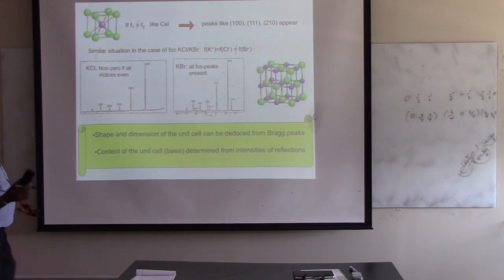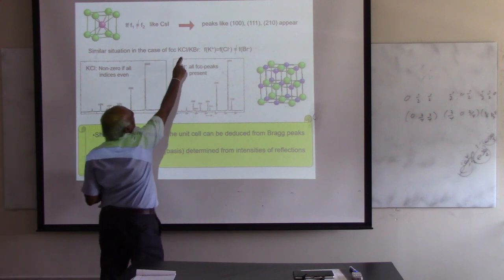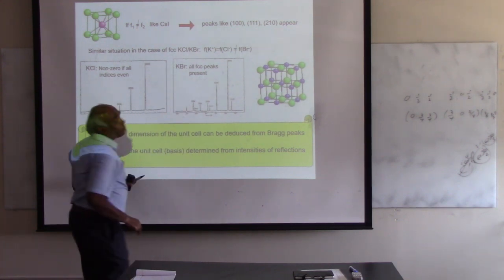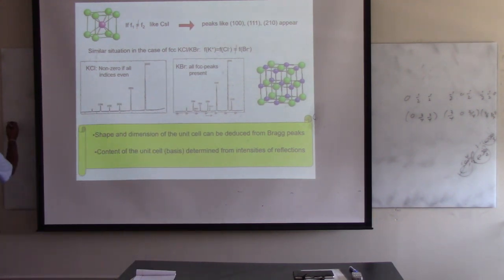Even for the FCC structure, consider potassium chloride and potassium bromide. Yes, we know sodium chloride, right? Because the rock salt structure is also an FCC structure. A similar structure is potassium chloride, but I want to consider potassium chloride and potassium bromide.